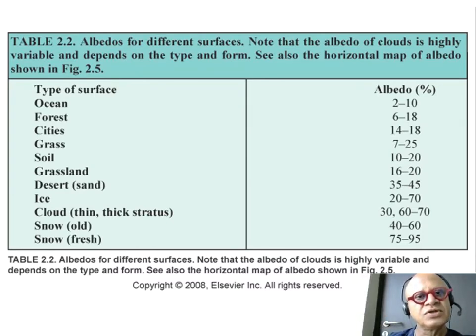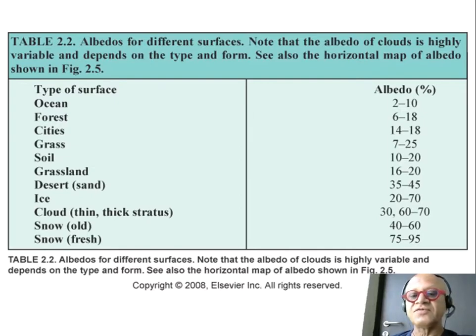So almost all of the energy may be absorbed by the ocean when the Sun is overhead, whereas a lot of the energy might get reflected if there is a high angle of incidence to the surface. Forests are fairly dark. Cities, grass, soil, grassland, deserts are fairly bright. We'll see that in the next podcast.